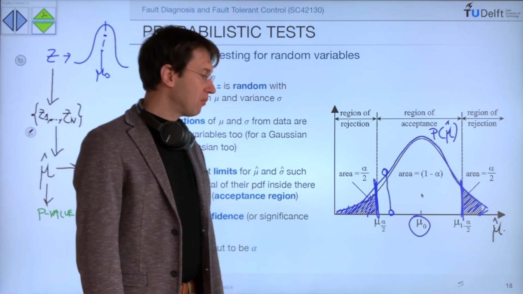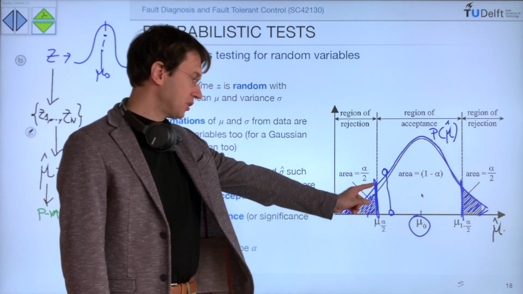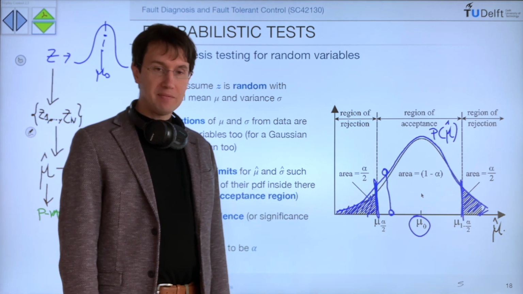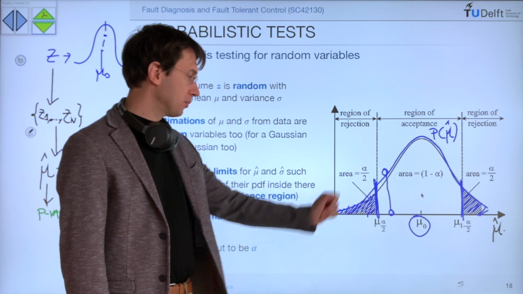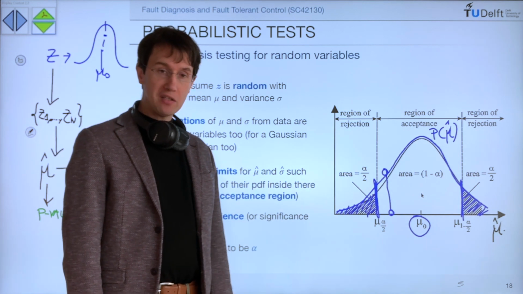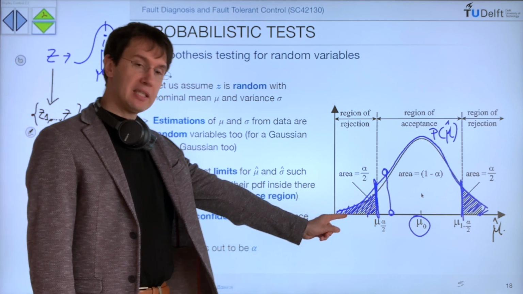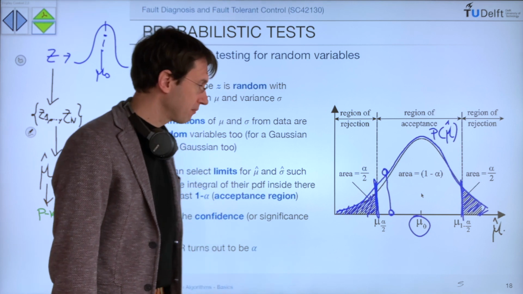Instead, if in one experiment your mu hat is exactly equal to this threshold value, mu alpha over 2, then the p-value is equal to alpha over 2. Because the probability of getting a mu hat that is this one, or more extreme, in this case smaller, is alpha over 2 by definition.